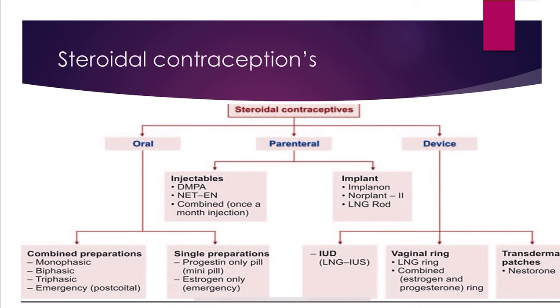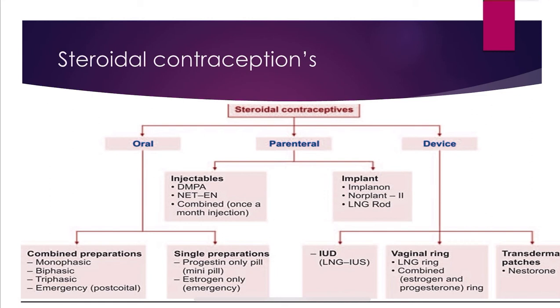The combined preparation, like we saw earlier there was a combined preparation that was the barrier method. Here the combined preparation we will deal with in the next slides. Monophasic, biphasic, triphasic, emergency, postcoital. As of now remember this: oral contraceptives are combined preparation or a single preparation.